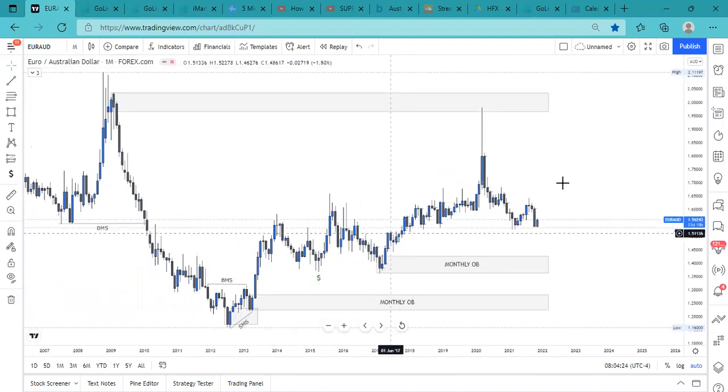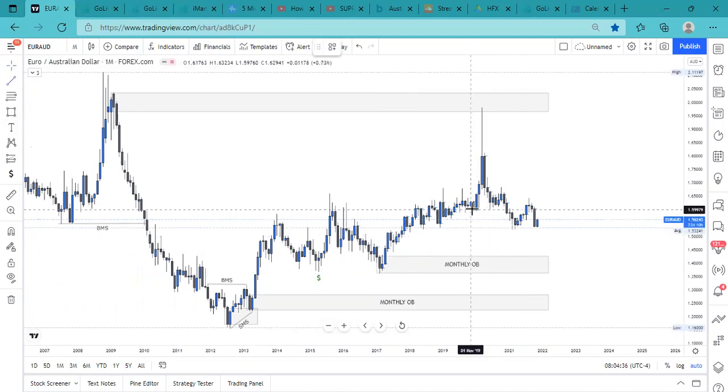Price has been going in an uptrend. Now, we have a shift in momentum from the uptrend. Why? A previous low was taken out.